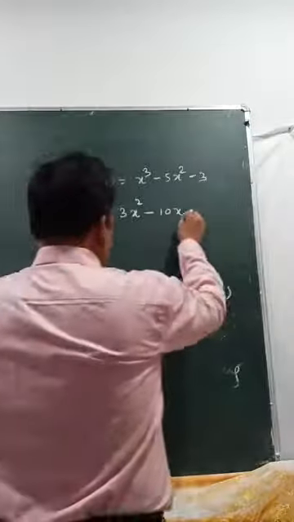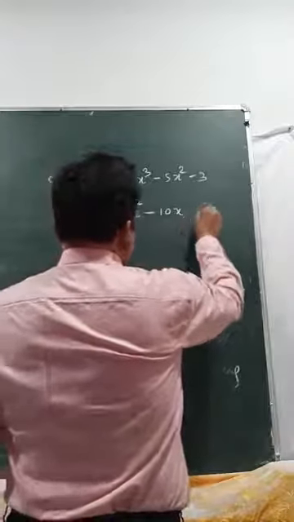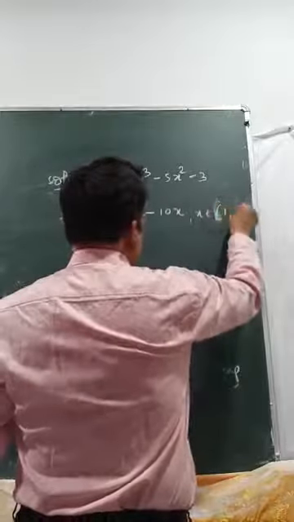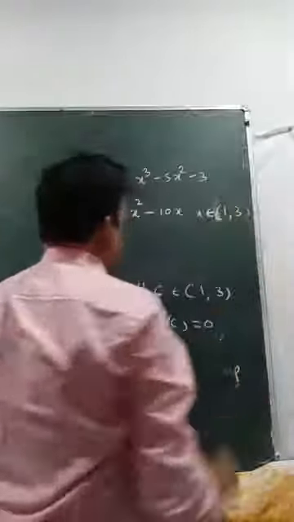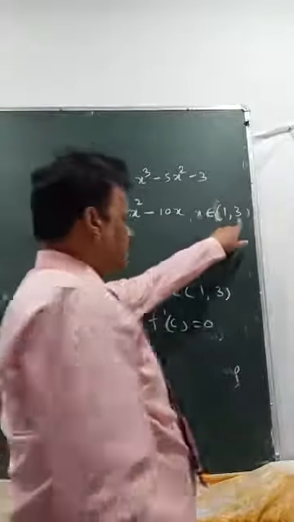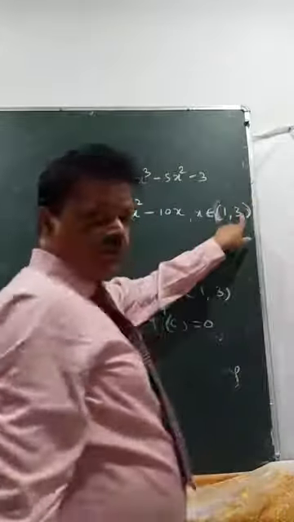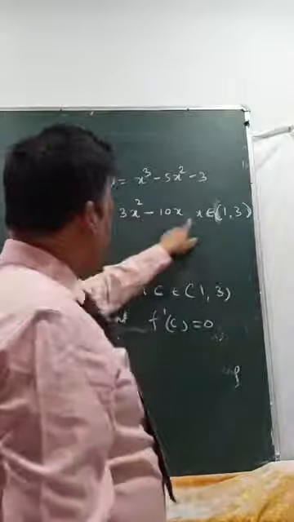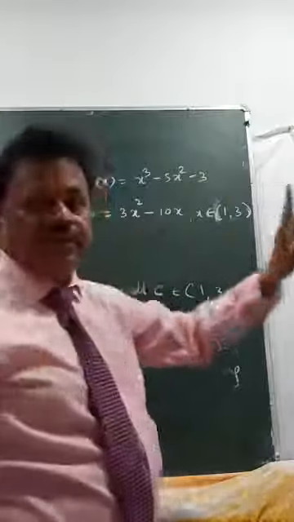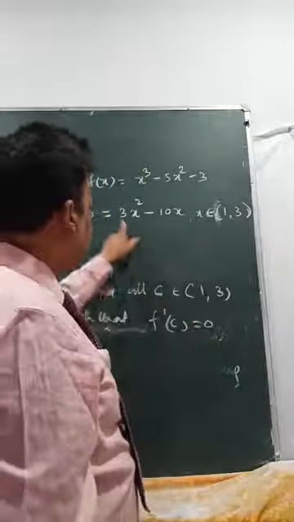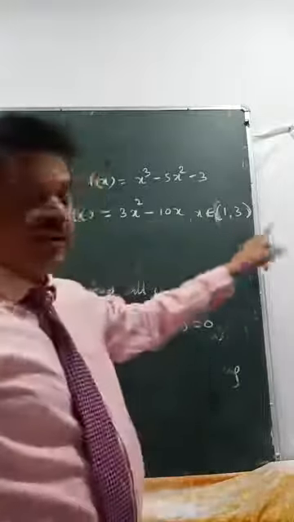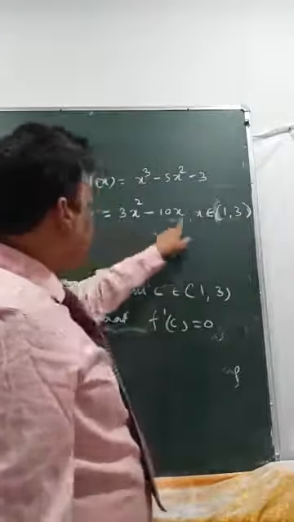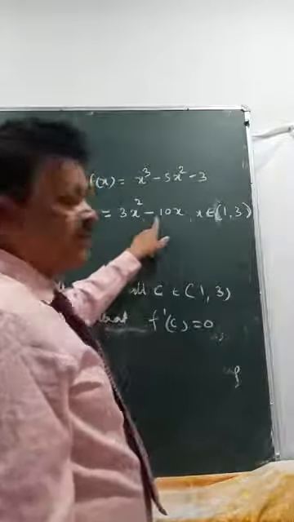So when x belongs to the open interval (1, 3), this is given to us, a equals 1, b equals 3. That means any point between, if you put it here, you get a definite value. Means there is a unique tangent there, which is obvious because this is a polynomial in x. So any point I take here is always defined.